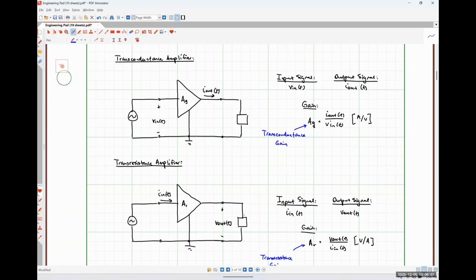So it's the signal that we're applying at the input and the signal that we're measuring at the output that is going to determine the type of amplifier that it is behaving as. All of these things could be implemented by the exact same amplifier. It's just what we're trying to do with it.